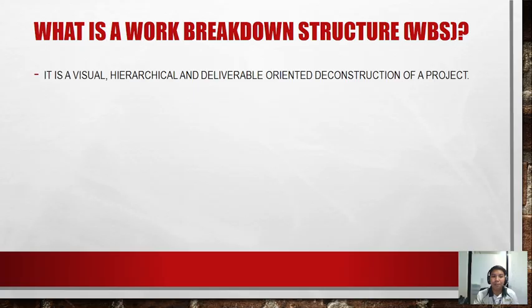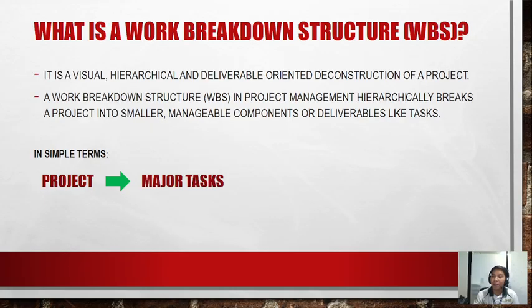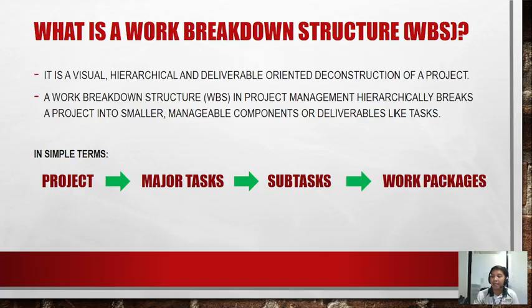WBS breaks a big project into smaller parts so that the team can easily understand what needs to be done. In simple terms: project, major tasks, subtasks, and then work packages.